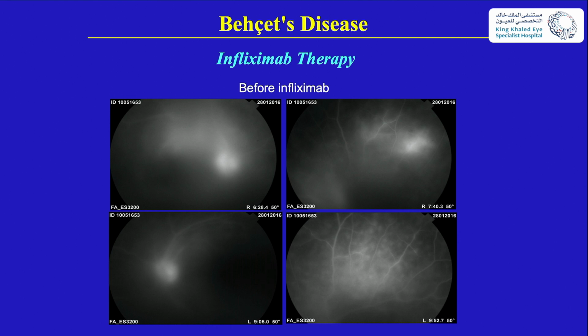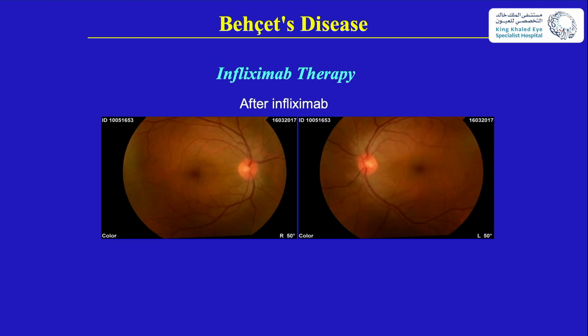And if you look at the fluorescein, this is a good example of explosive uveitis. And after infliximab, we are still following up this patient. Now, he does not need infliximab every 6 weeks. He just takes it every 10 weeks.